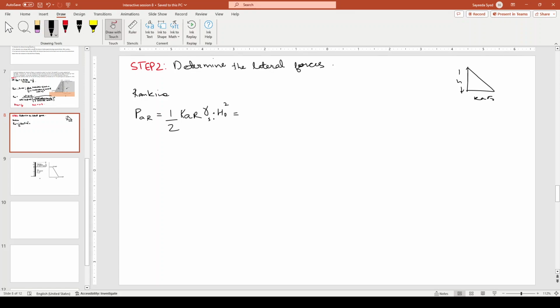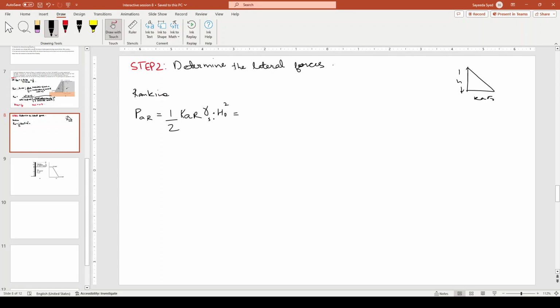This comes out to be 75 kilonewton. And this will act horizontally because the ground surface is horizontal, and it will act at 5 by 3 from the base.